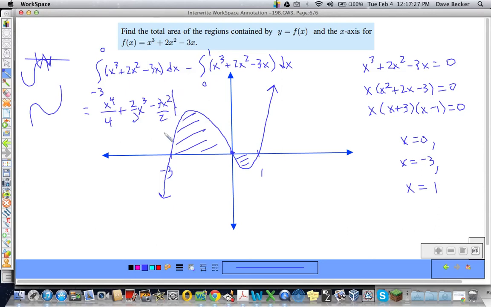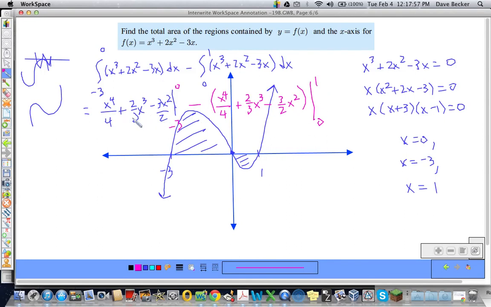Evaluated from -3 to 0, minus, and I'll put a parentheses there, the same integration, x to the 4th over 4 plus 2/3 x cubed minus 3/2 x squared, evaluated from 0 to 1.